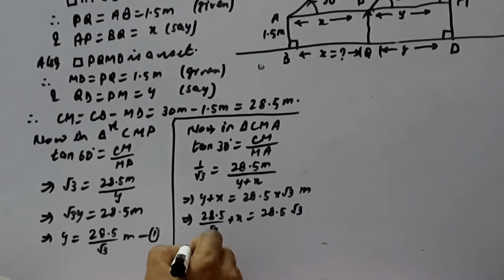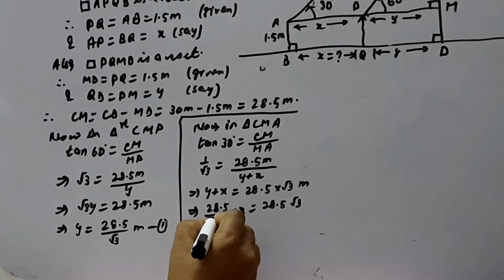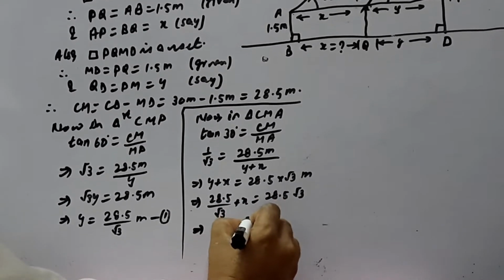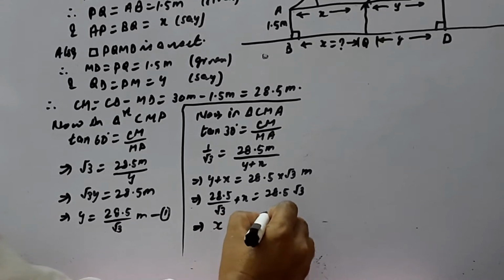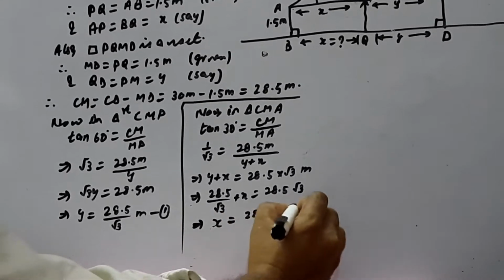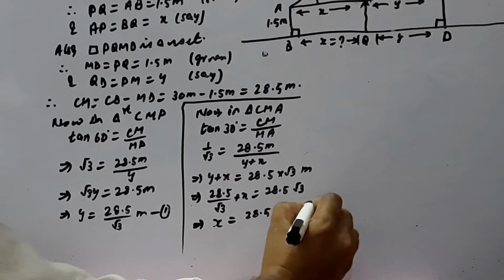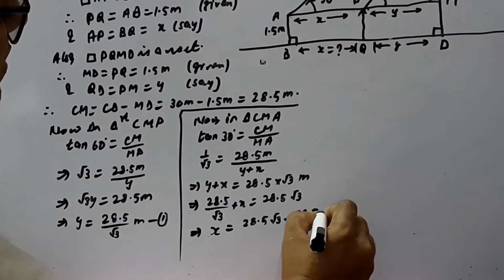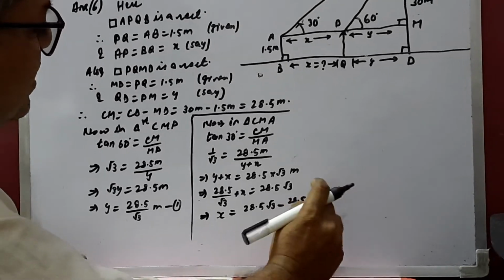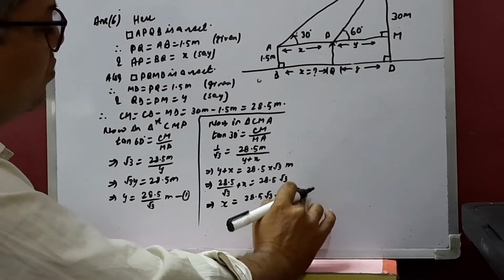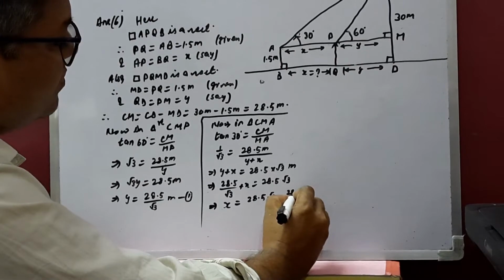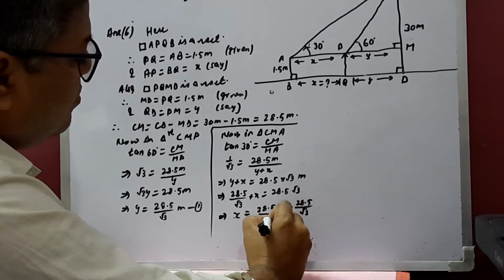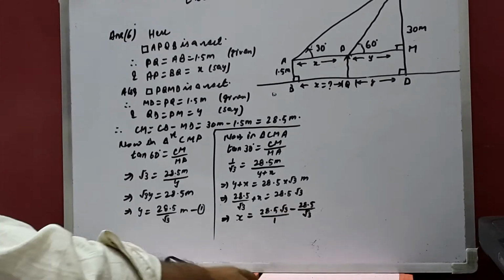Okay, so shift this term to the right hand side. X is equal to 28.5 root 3 minus 28.5 upon root 3. Okay, now take the LCM.